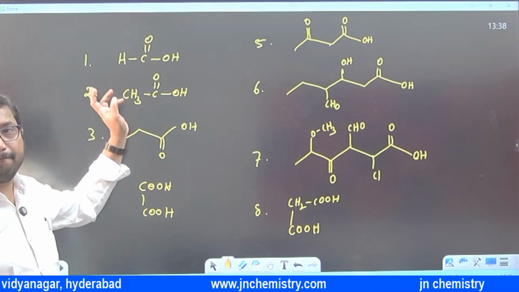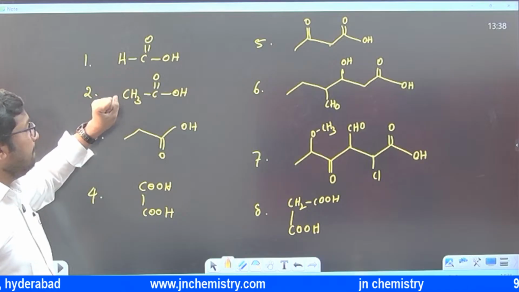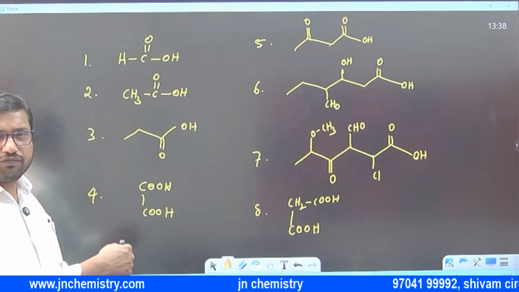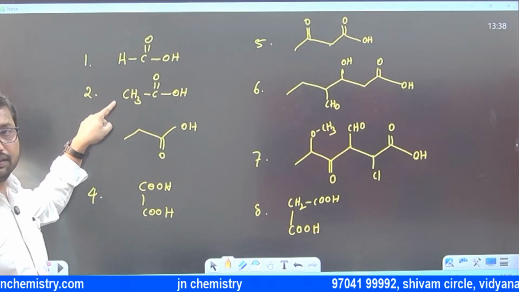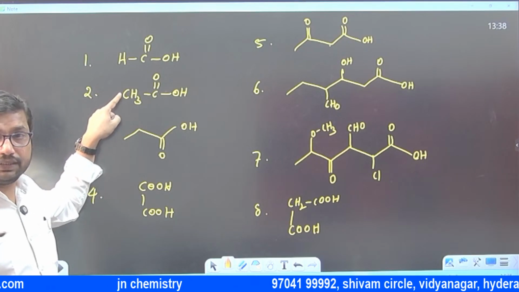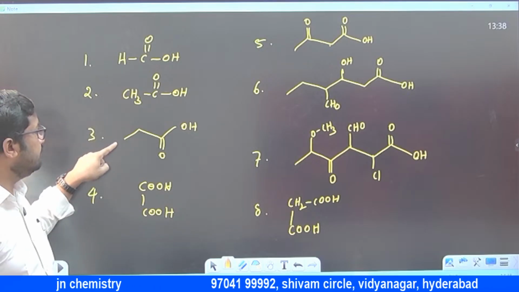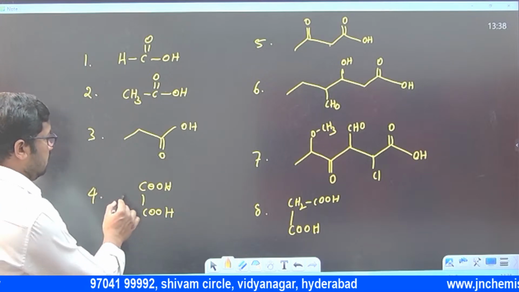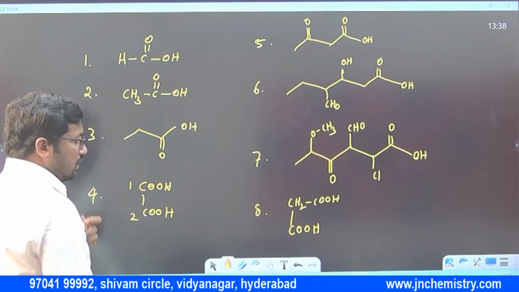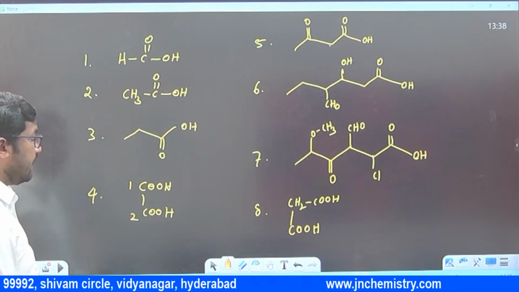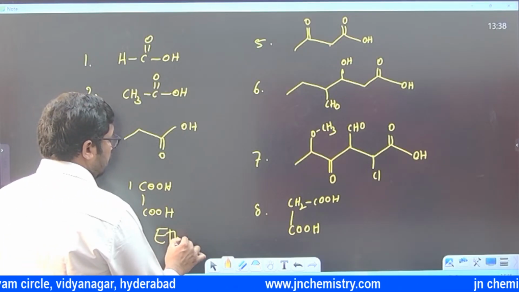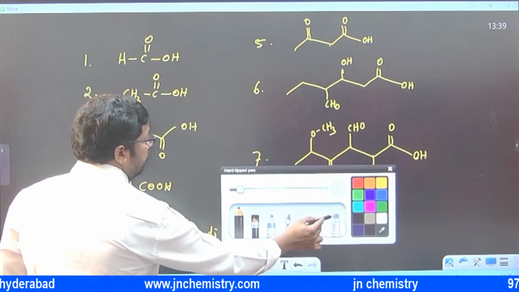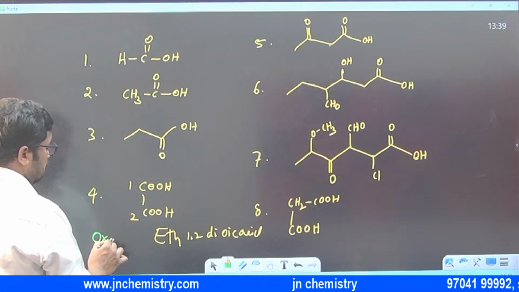Then the first one. Methanoic acid, come on, do it fast, tell me. Acetic acid is the common name, ethanoic acid. IUPAC names, tell me. Eth-1,2-dioic acid. The common name that is important for this is oxalic acid.